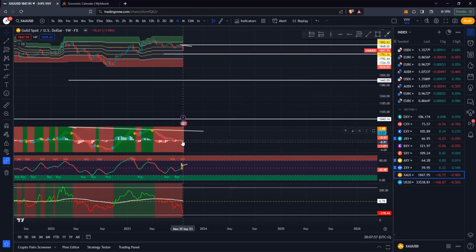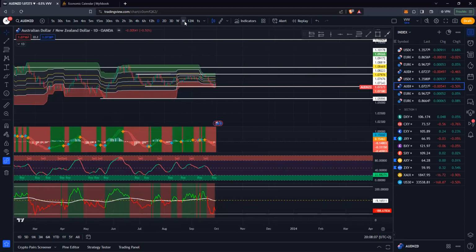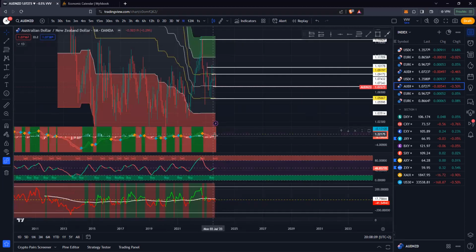Here, see, there is a low volume, the zero breaks, and boom. This could happen also on the AUD NZD on monthly basis. Just the low volume breaks the zero and boom.